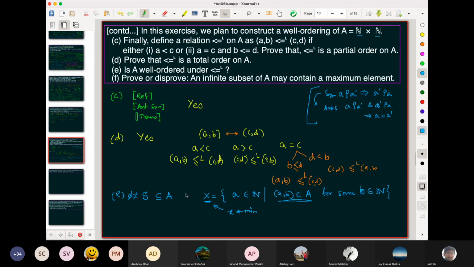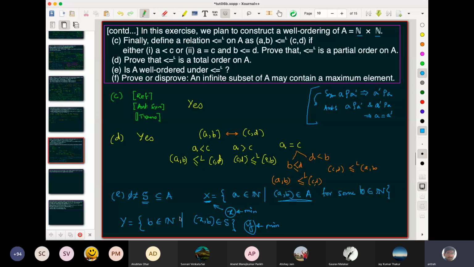Now let's say small x is an element of this arbitrary set X. For this, I will produce another set Y, where B is in N such that (X, B) belongs to S. This set Y must have some y as a minimum element.